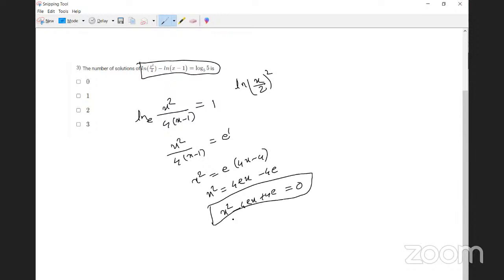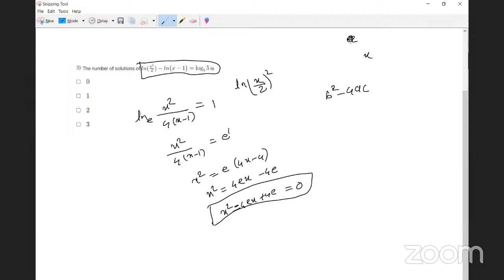Okay. 2 roots. At least 2 real roots. Like how can we say whether both are positive, both are negative, or one positive, one negative? Calculate the discriminant b square minus 4ac. Then we'll be able to know the nature of roots.